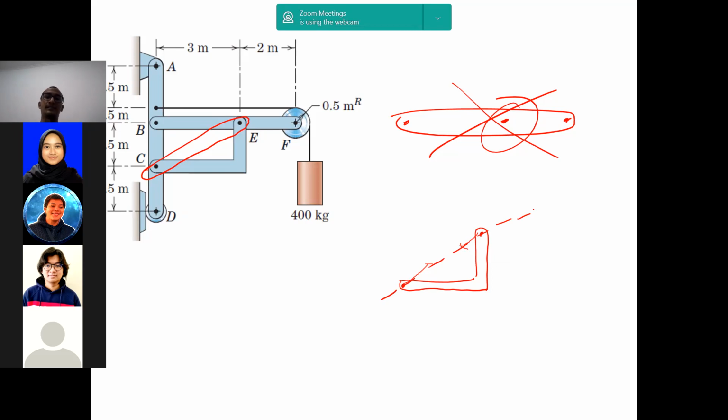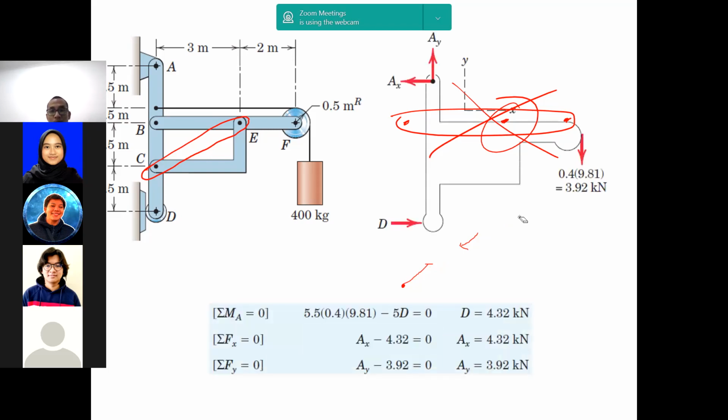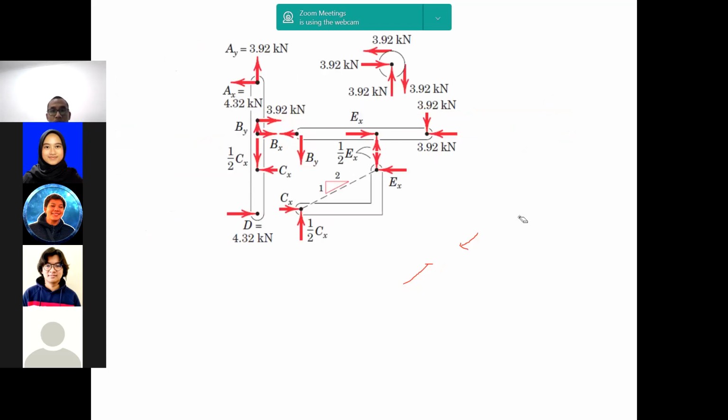So if it's under compression, it's supposed to be like that, just like what Amadia drew just now. If the member is under tension, it's supposed to be the other way around. Okay, good, Amadia. So this is it.